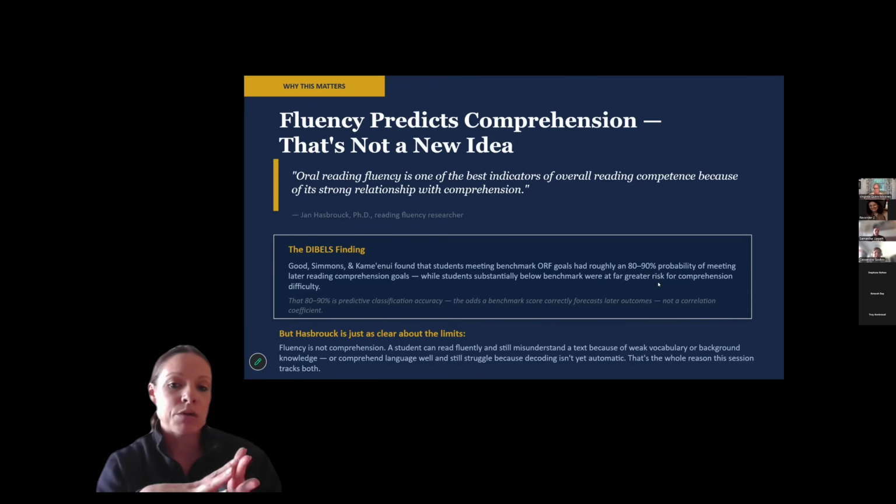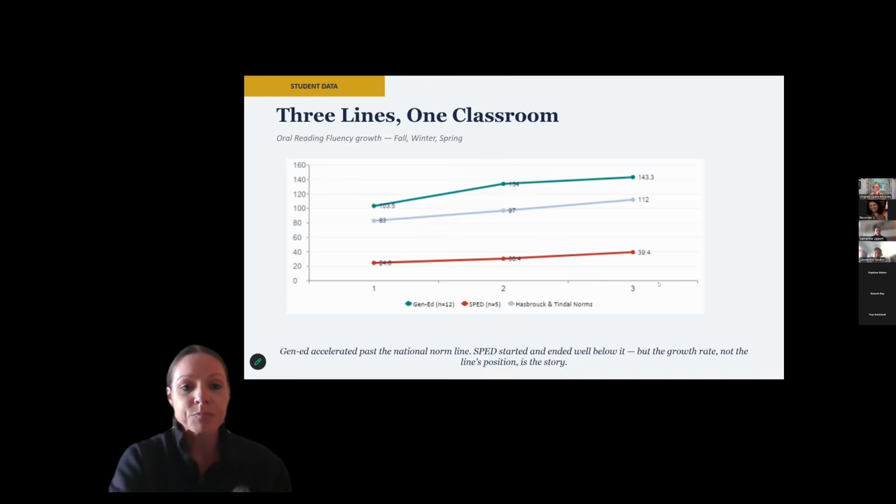A study done using DIBELS showed an 80 to 90% probability of meeting later reading outcome goals if students were reading at their benchmark oral reading fluency levels. So again, it's an incredibly powerful tool, getting those benchmarks to see if a student is likely to be able to understand what they are reading.